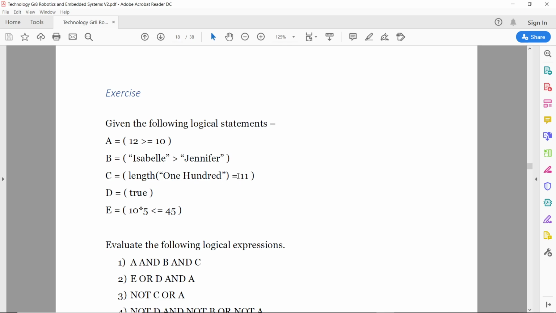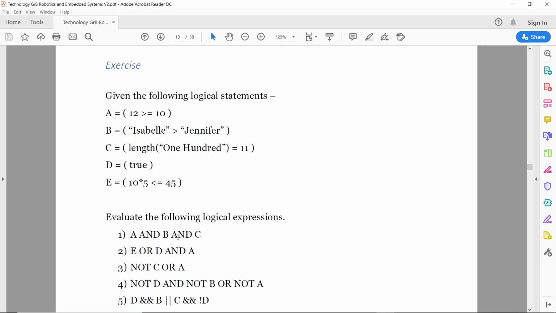And we are checking to see if the length of that is 11. Okay, and here we are saying that 10 times 5, remember in computer, a star is times, and a slash is divide, because there's no divide and there's no times on the keyboard. So I give you what A, B, C, D, and E are, so you need to work out, first of all, if these are true or false, and then you plug the true and the falses in here, and you solve the complex equations.